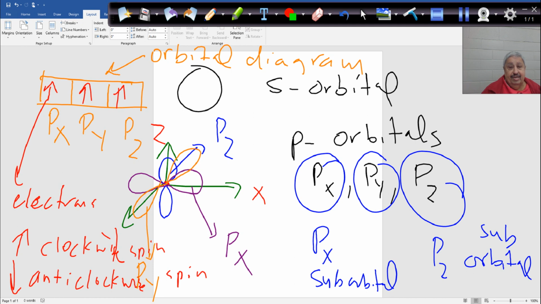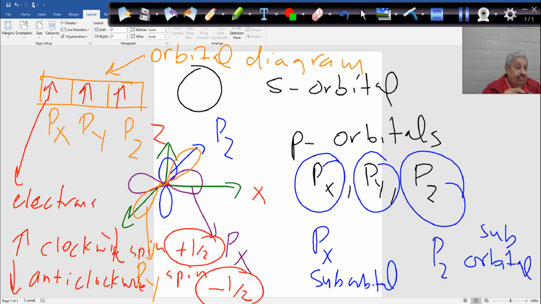Any questions? You don't have to memorize this, but you have to know about those orbitals and the orbital diagram. This arrow means 1 electron; up means clockwise, plus half, and counterclockwise is minus half.